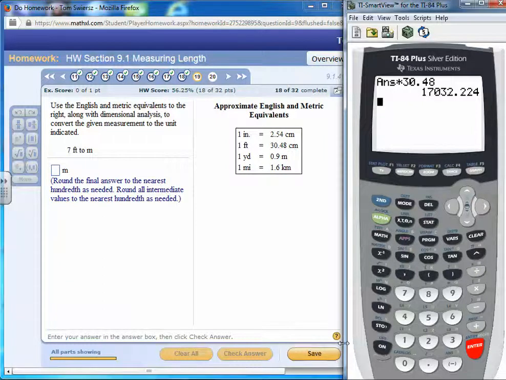Whoa, that's not the answer, let's clear that and try again. 7 times 30.48, that's better. Okay, 213.36, all right, that sounds much more reasonable.